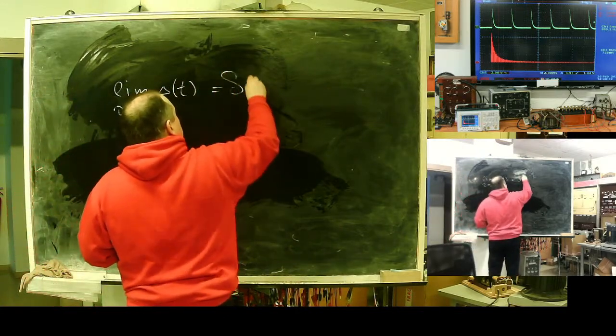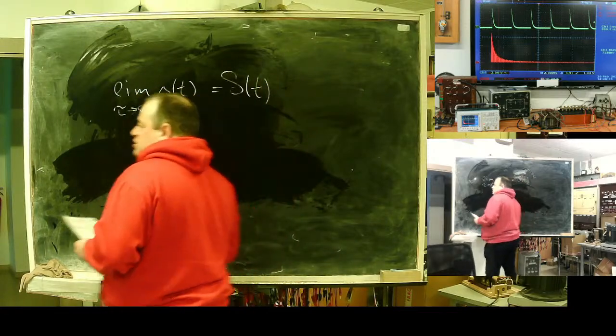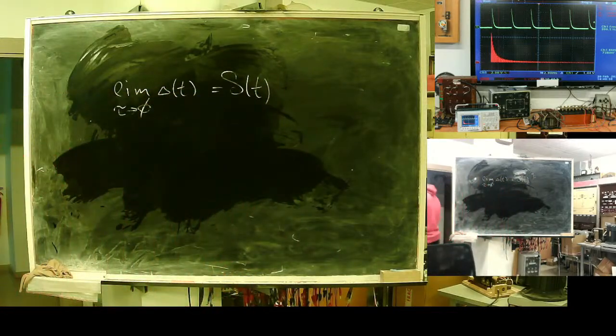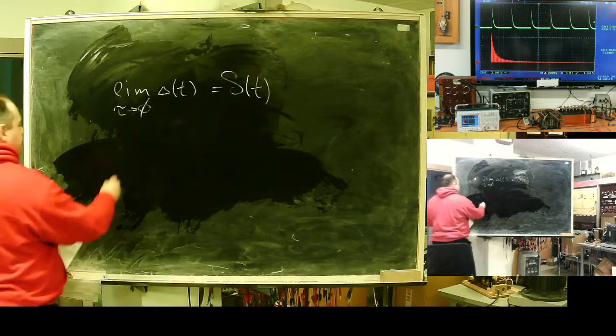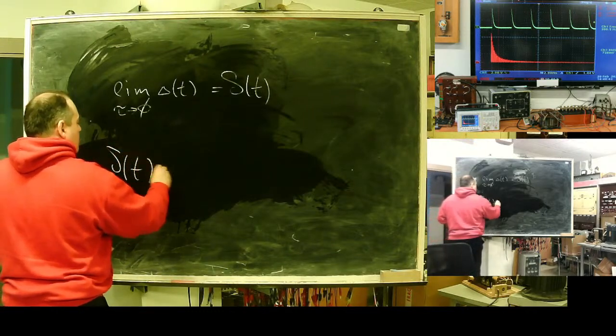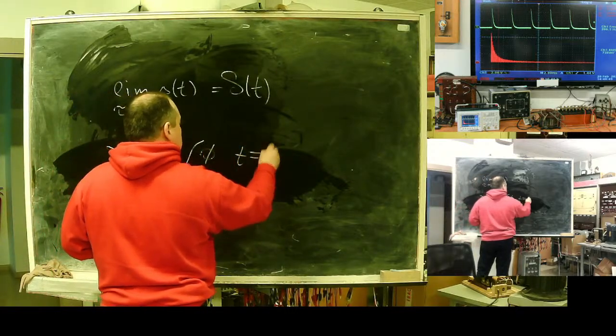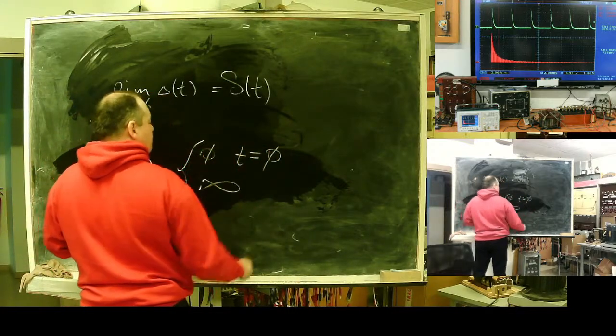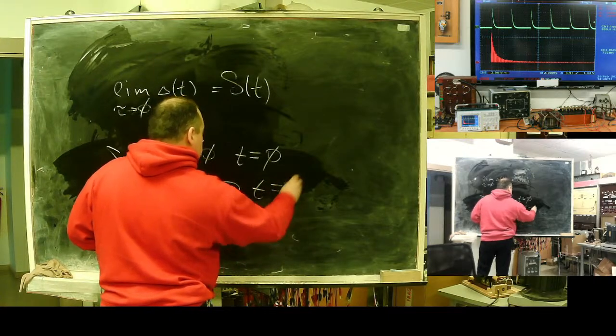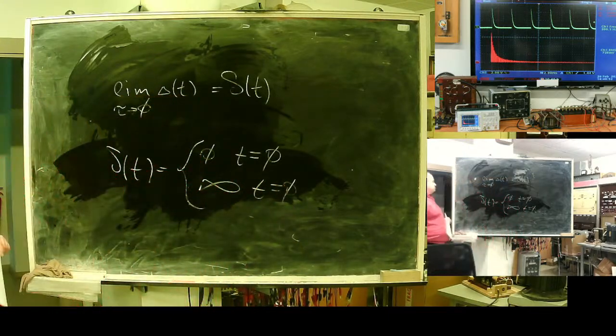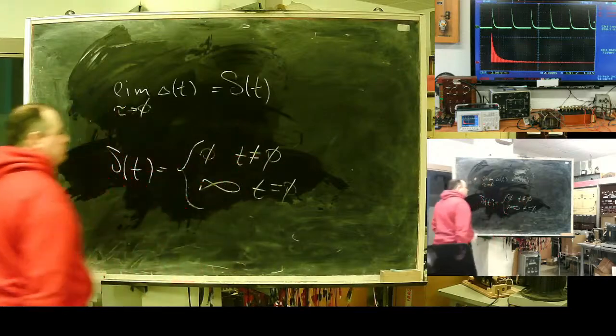It has a name, the delta function. The delta function equals 0 when time is not 0 and infinity when time equals 0.